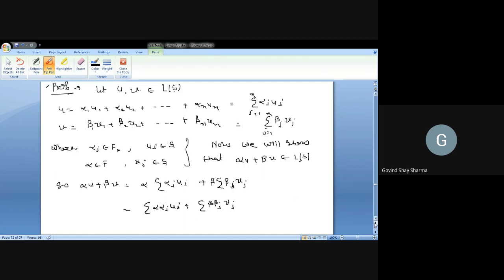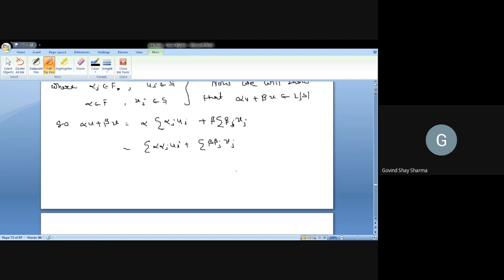Now this is a constant, multiplied with a constant, so we can combine alpha alpha i, u i plus beta beta j v j. This is also a linear combination.